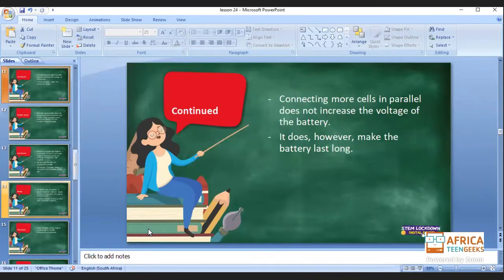We said, how do you connect cells in parallel when negative is next to negative? Remember that the golden rule of the circuits is that the cells need to be connected in series. However, the different components in the circuit can be connected in parallel or in series, but the batteries or the cells, they always need to be in series, grade 9s.